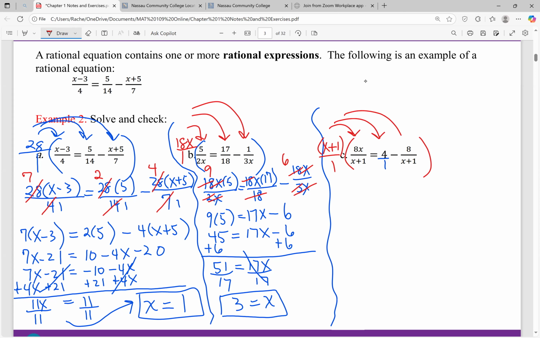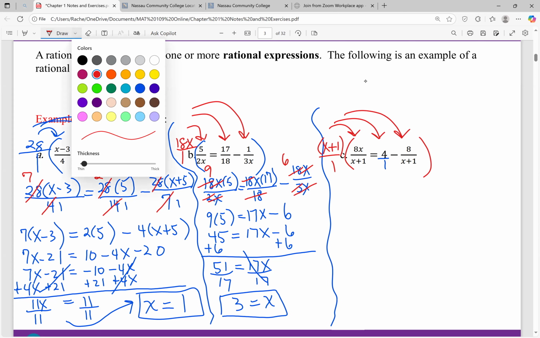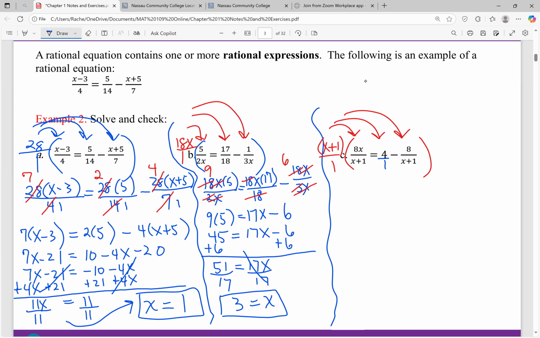So I'm going to distribute x plus 1 to all my terms. I'm going to have x plus 1 times 8x divided by 1 times x plus 1, which is x plus 1, equals x plus 1 times 4, or 4 times x plus 1 over 1.